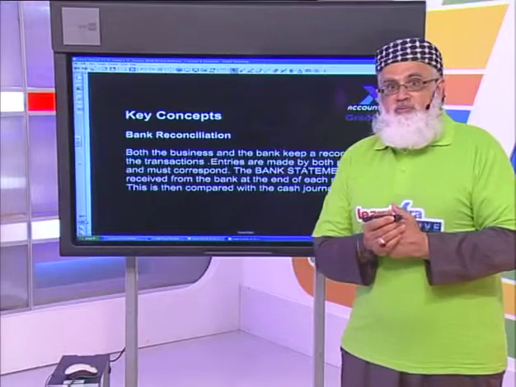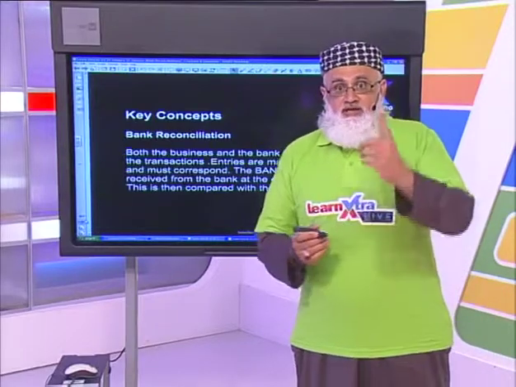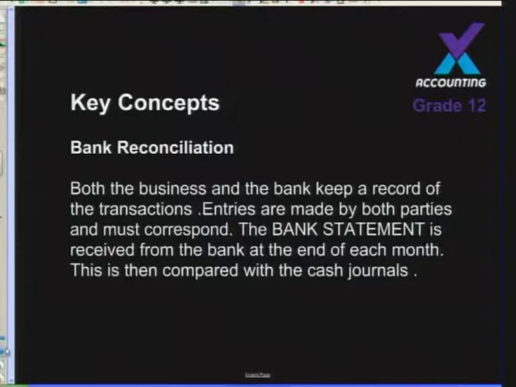What did we say about the bank reconciliation statement? Remember we said that both the business and the bank keep a record of the transactions that they have entered into.